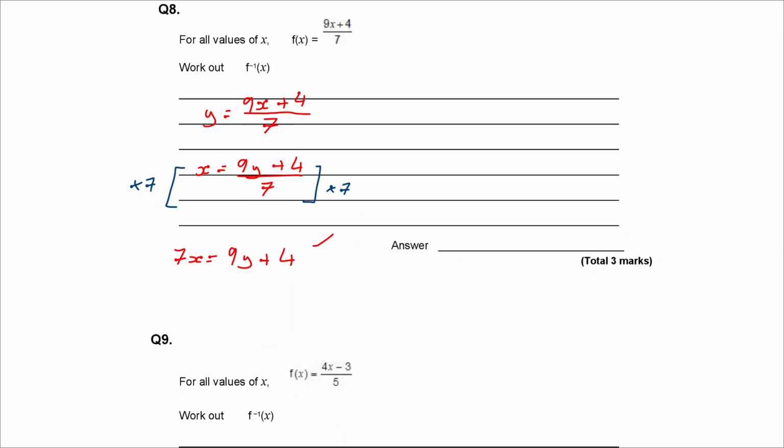I'm going to bring the work up here. Now, I've got this hanging plus 4. To get rid of that plus 4, we know what to do. We're going to take away 4 from both sides. That's going to give us, on the left-hand side, 7x minus 4 is equal to 9y.